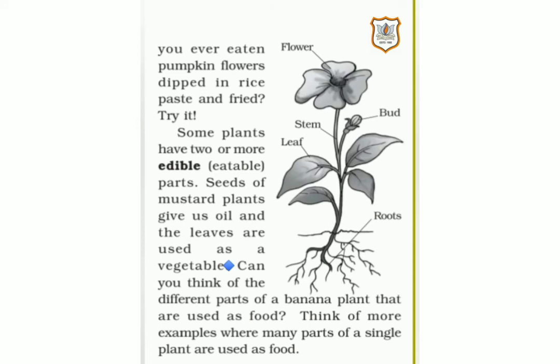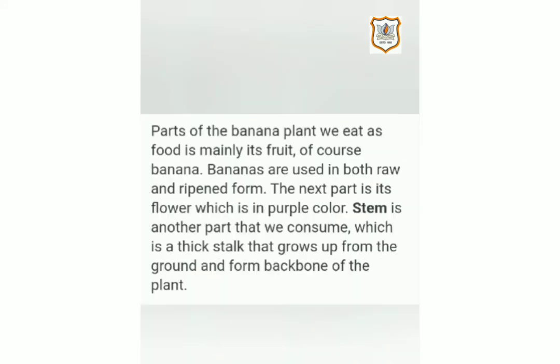Can you think of different parts of a banana plant that are used as food? The part of the banana plant we eat as food is mainly its fruit. Of course, banana. Bananas are used in both raw and ripened form. The next part is its flower, which is purple in color. The stem is another part that we consume, which is a thick stalk that grows up from the ground and forms the backbone of the plant.